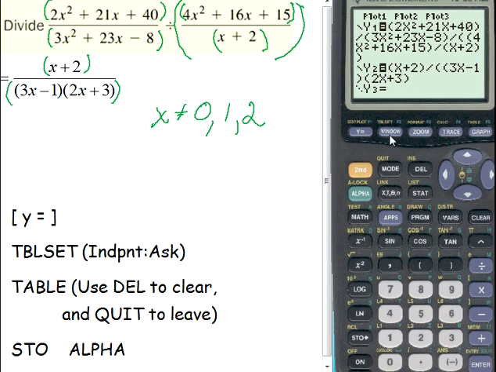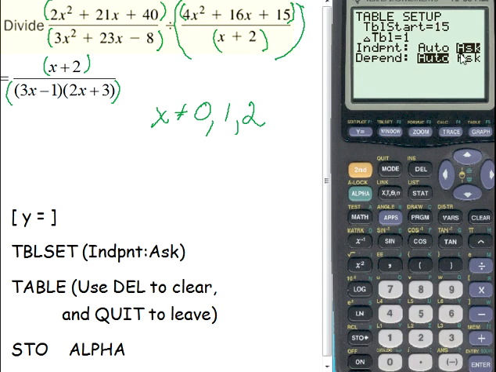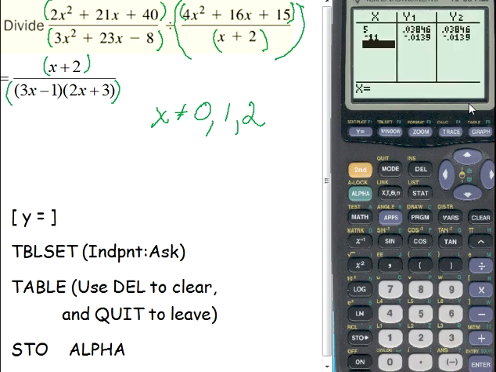We went to table set and made sure independent was on ask, and then we went to table, which is above graph, and entered values not equal to 0, 1, or 2 into the table to see if the original expression was equal to the final answer. Now, this verifies that you haven't made any mathematical mistakes. You may not have reduced it all the way, but you haven't made any mistakes at this point.